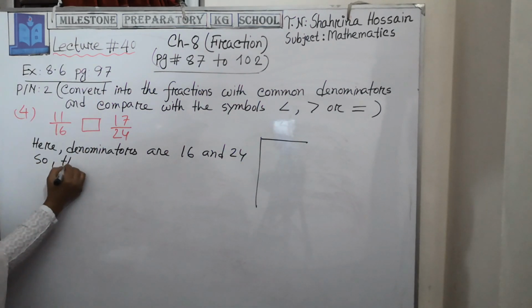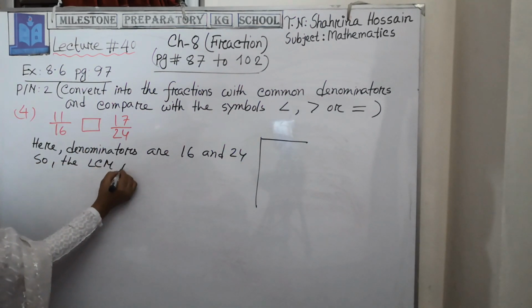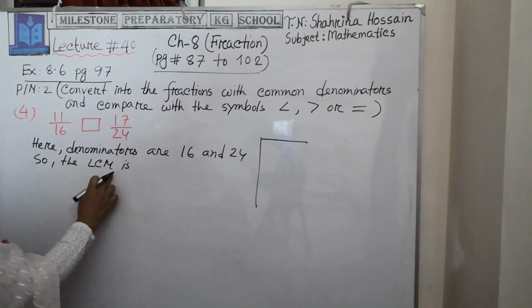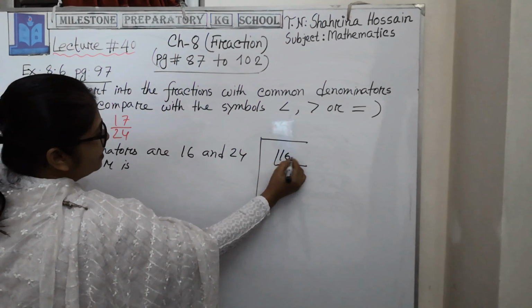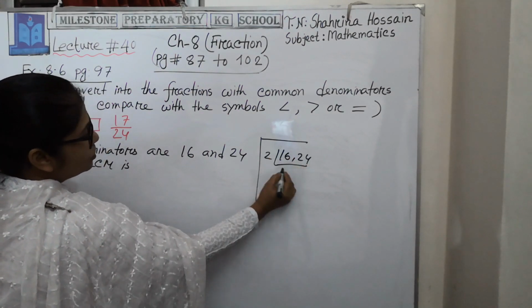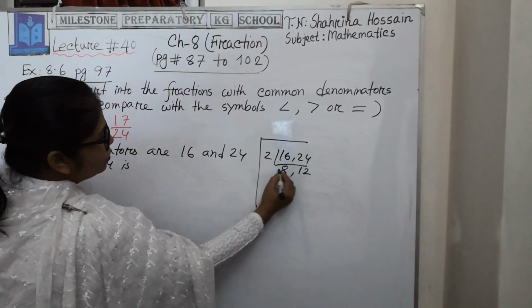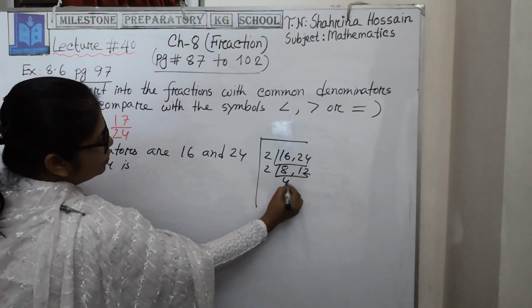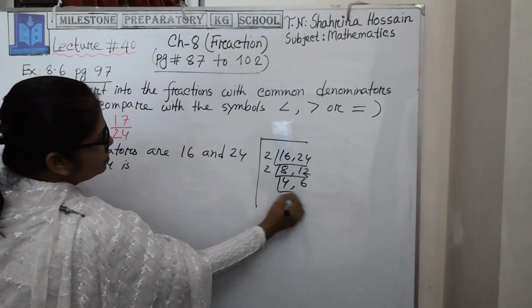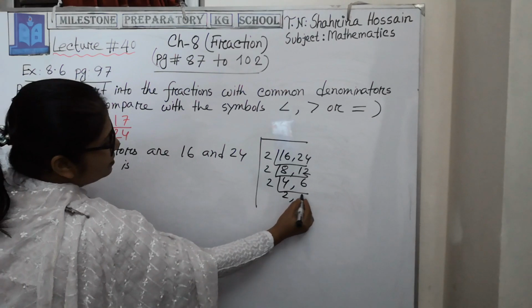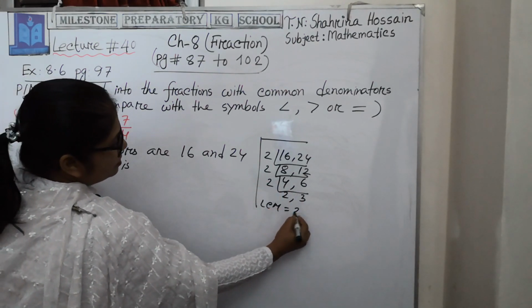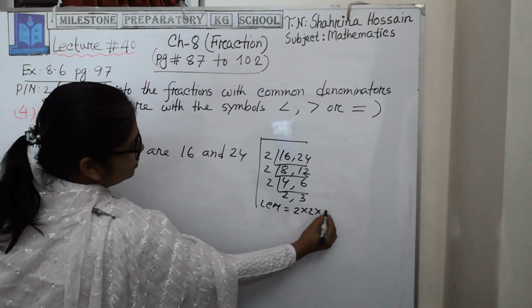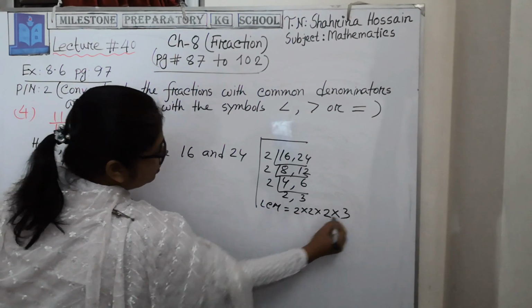So, the LCM, that means least common multiple, you can find by doing the calculation. So, 2 8s are 16, 2 12s are 24. So, 2 4s are 8, 2 6s are 12. Now, 2 2s are 4, 2 3s are 6. So, LCM is equal to 2 into 2 into 2 into 3.